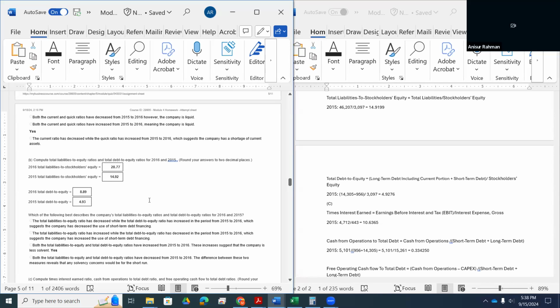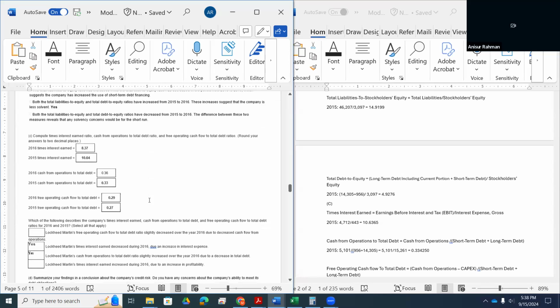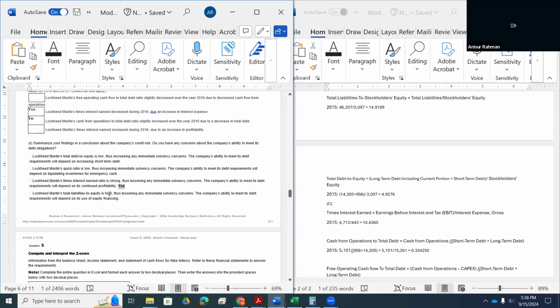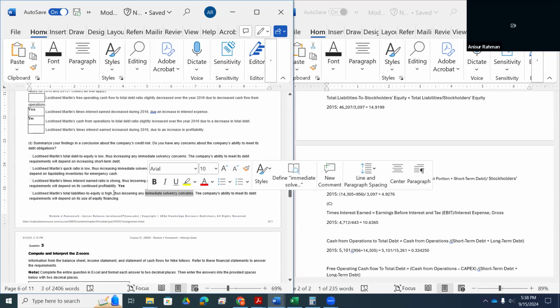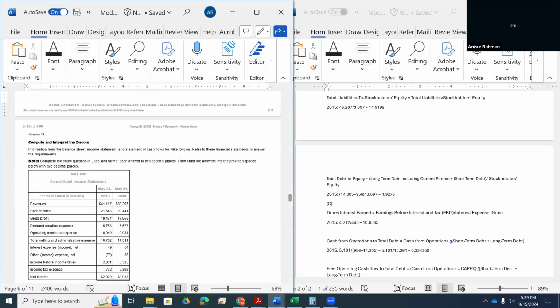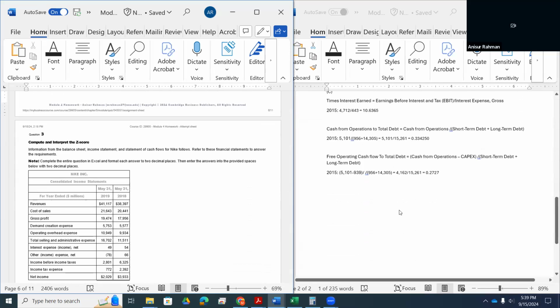It is almost 29 times. Total liabilities are 29 times of equity. So liabilities to equity is high, thus lessening any immediate solvency concerns. This part is not true. Liabilities to equity ratios are high, so that means they have solvency concerns. So that is not true. Moving on to the next problem. Question 3.